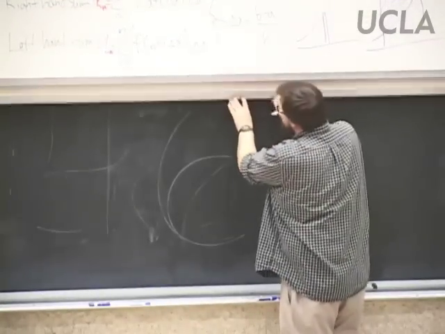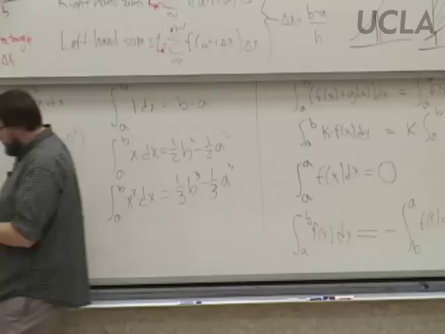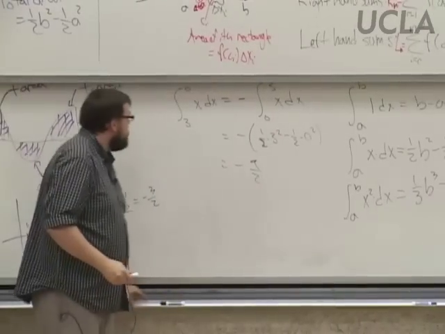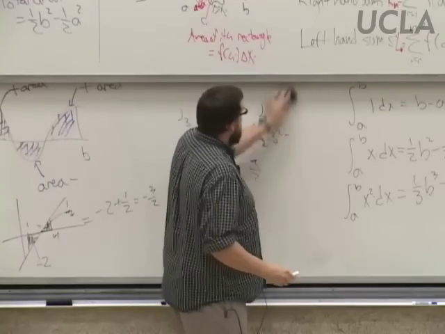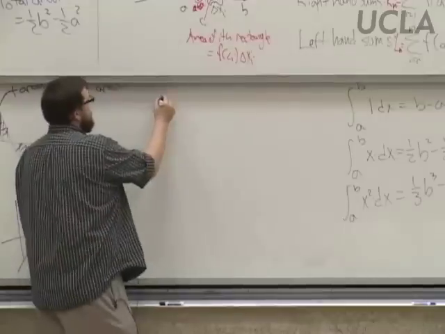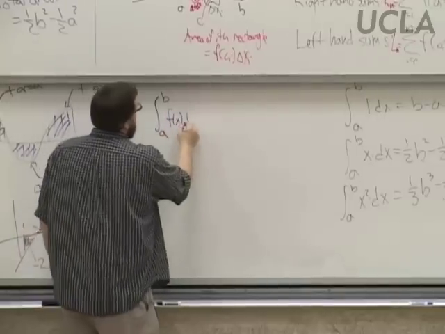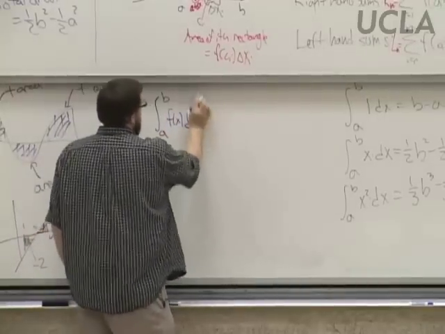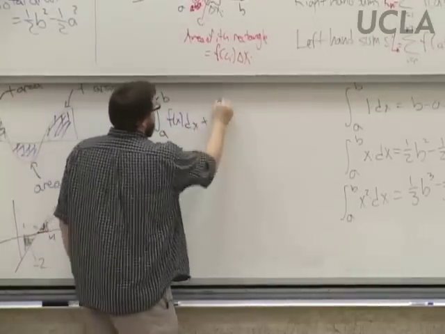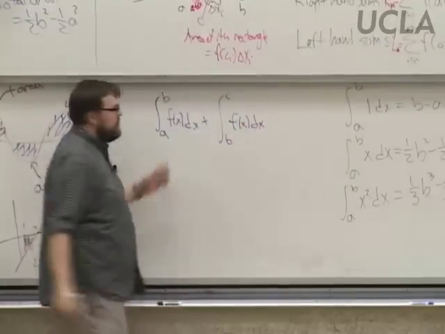One more fact, and then we're done for the day. So the last fact for the day, this is a nice fact. It says, suppose I want to look at the integral from a to b of f of x dx, and I also have the integral from b to c of f of x dx. So I have these two integrals.